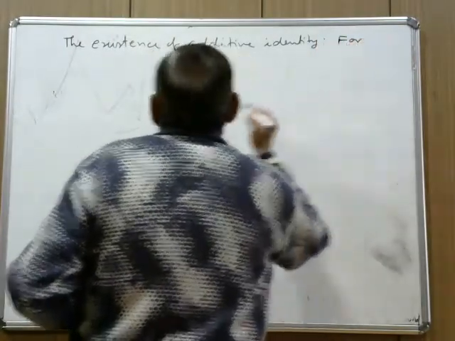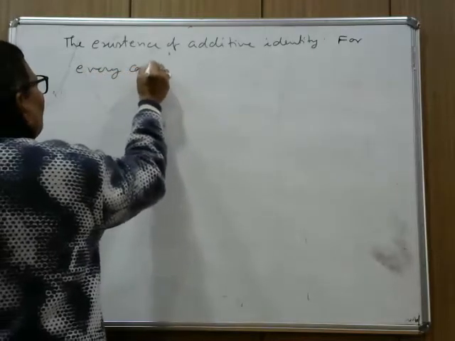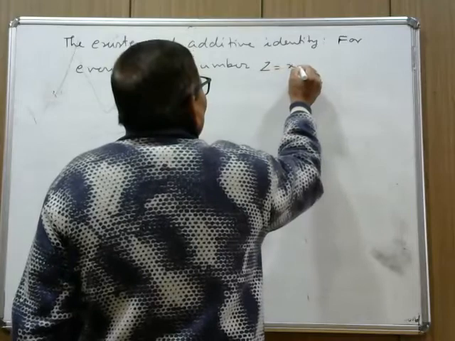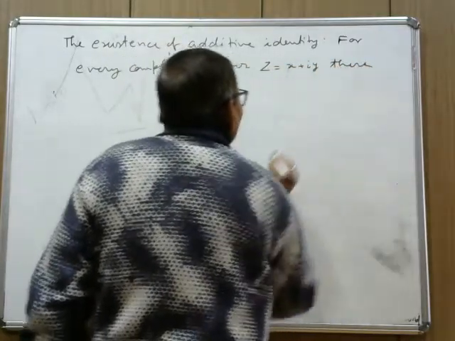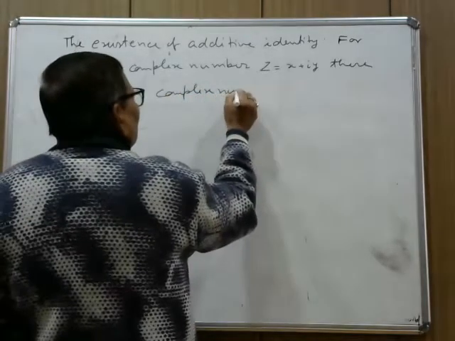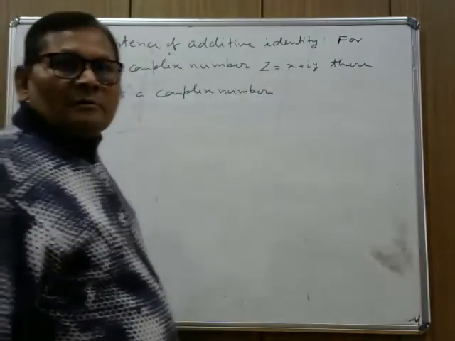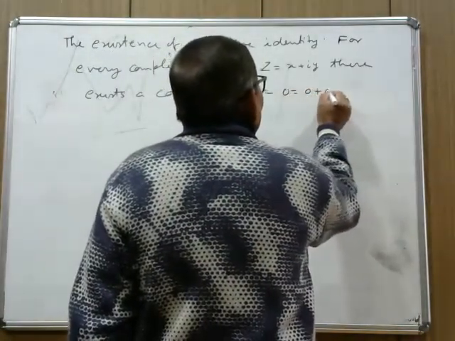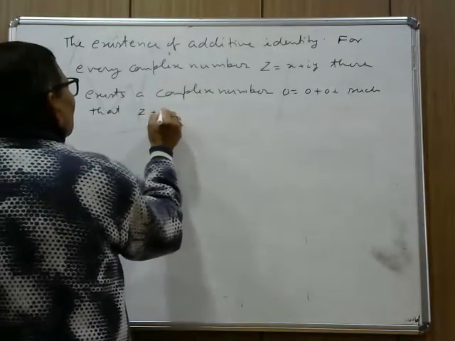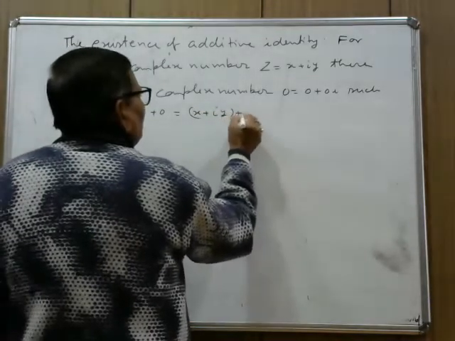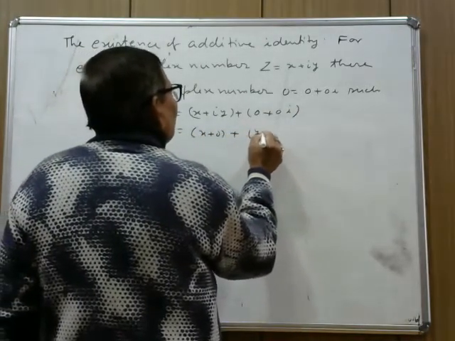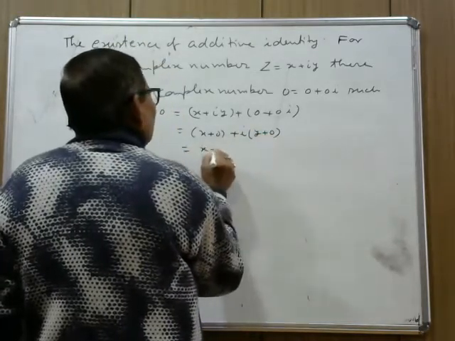For every complex number z equal to x plus iy, there exists a complex number 0 equal to 0 plus 0i such that z plus 0 equals x plus iy plus 0 plus 0i, which is x plus 0 plus y plus 0 times i, so it is x plus iy.